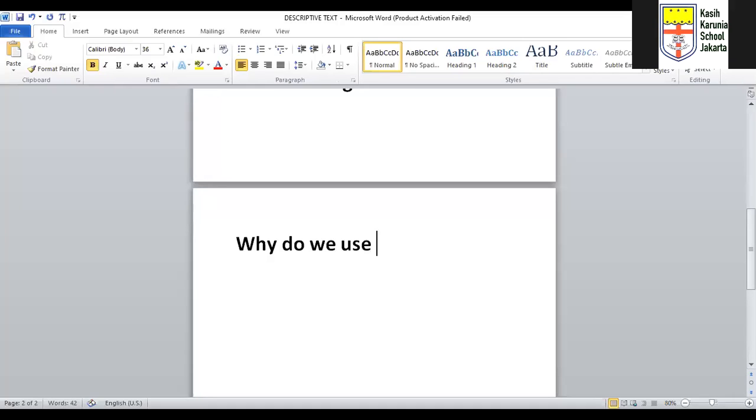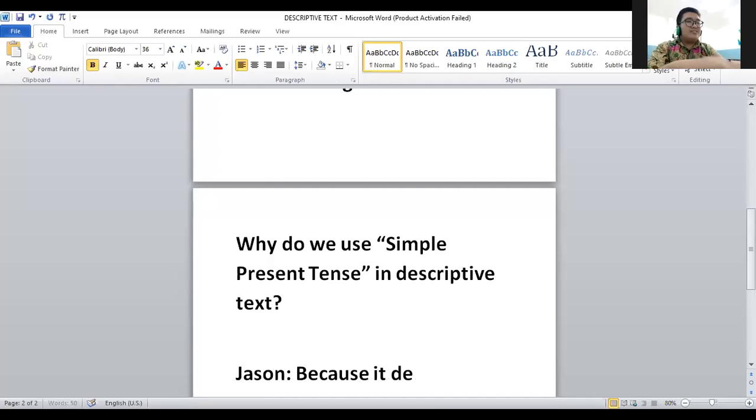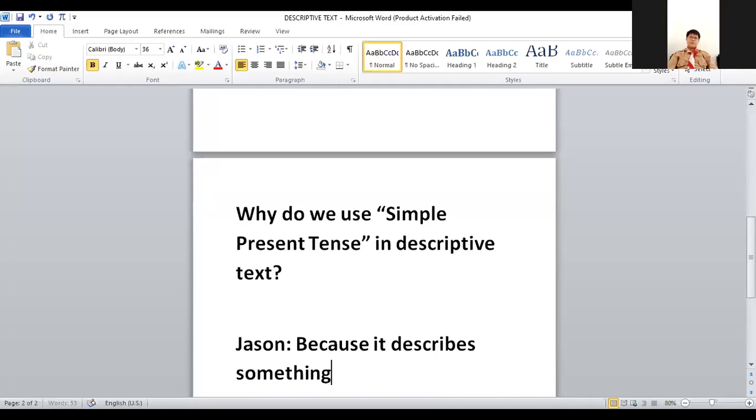Why do we use simple present tense in descriptive text? Jason, ulangi, repeat. What is your answer? Because descriptive text describes something in action now. Okay, because it describes something in action now.